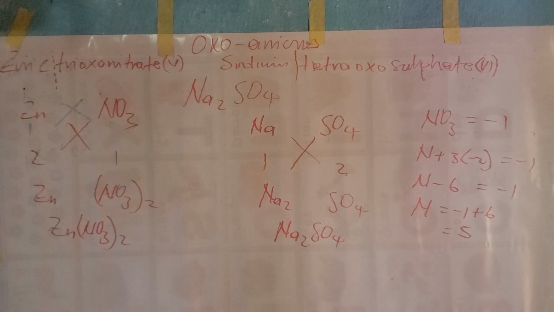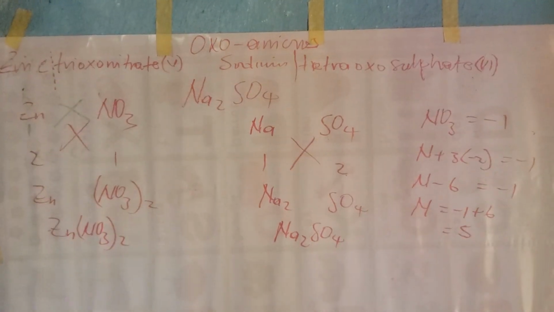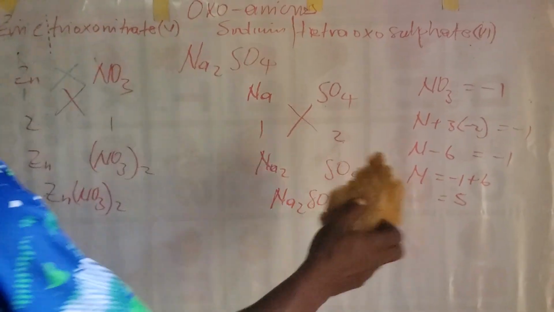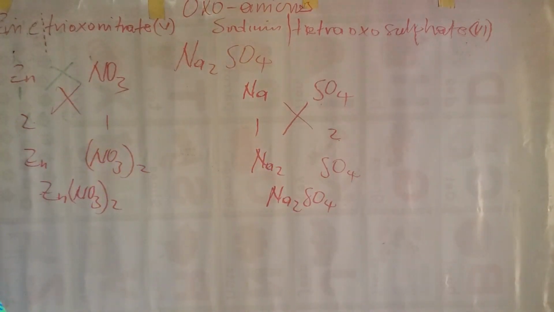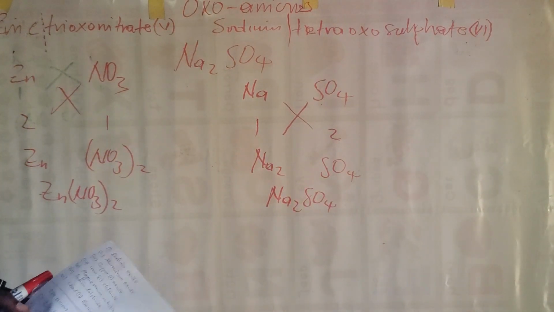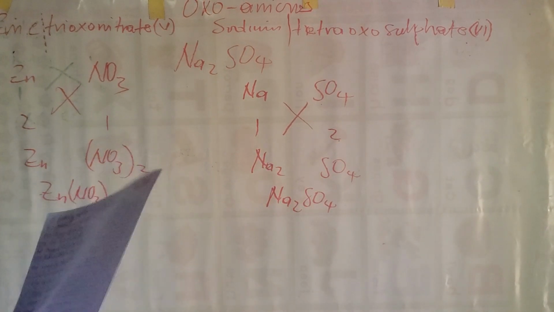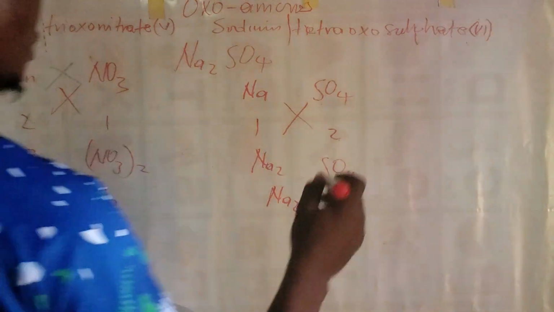Now we go to the next one, which is copper 2 hydroxide.